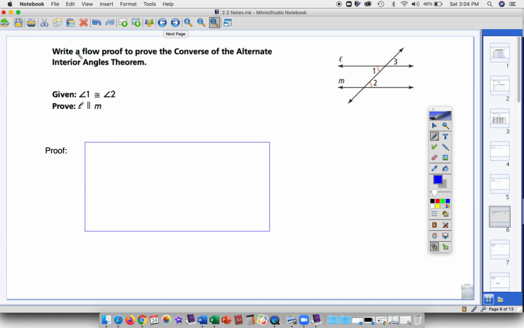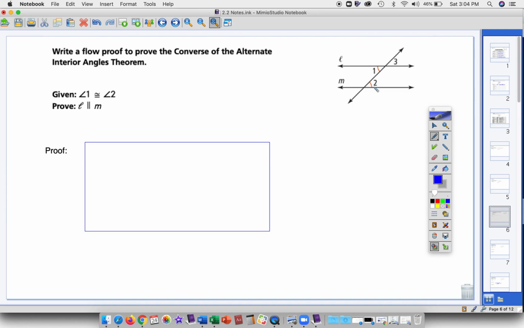Here's another type of proof. It's called a flow proof. We're going to prove the converse of the alternate interior angles theorem, which means we're going to be given that 1 and 2 are congruent, and we're going to use another one of our theorems to get to the point where we can say that L is parallel to M. So somehow I'm going to want to use angles 2 and 3.